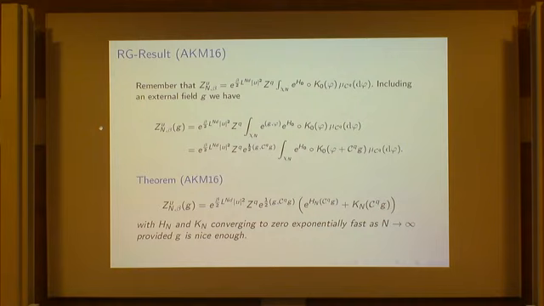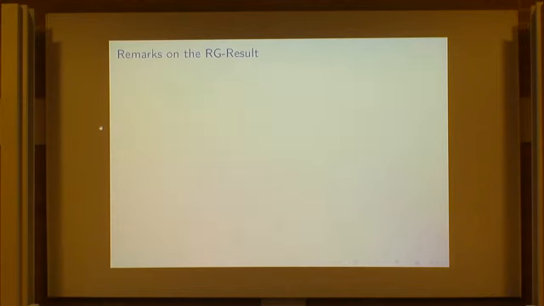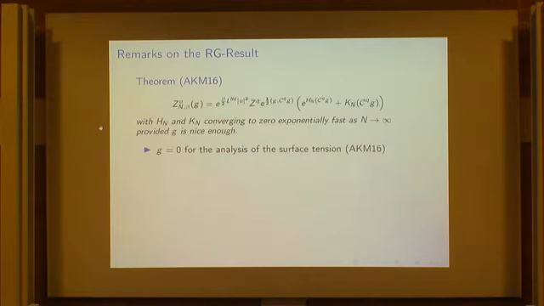And on my last slide, I want to give the scope and limitations of this theorem, of this representation. So here it is again. Now, if we choose G equals 0, this is absolutely nice enough. Then we can just analyze the surface tension. So we can just take the logarithm of this stuff, divide by the volume of the box and take the limit n goes to infinity.